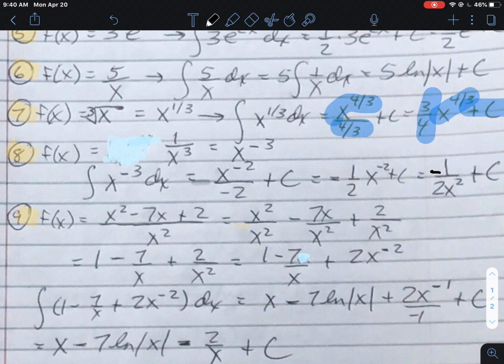Now notice I've got a couple of different functions involved here. I mean, x squared over x squared is 1. That's no problem there. 7x over x squared simplifies to 7 over x. And then I've got the 2 over x squared. Now notice I'm rewriting the 2 over x squared as 2x to the -2.